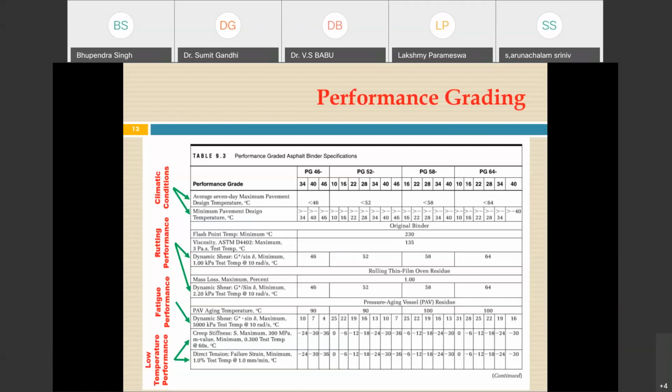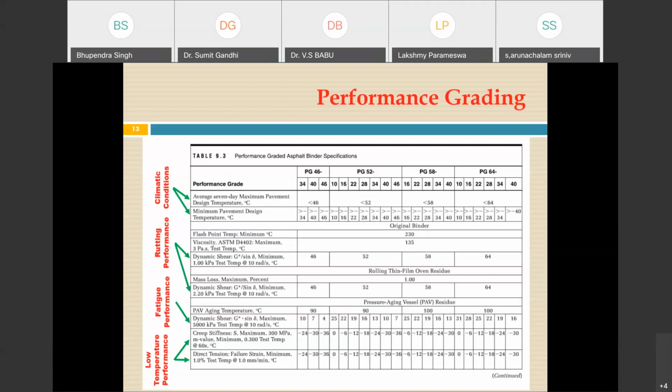From the rutting point of view, there are two parameters: one before the rolling thin film oven test, and one after the rolling thin film oven test. There is a parameter that we obtain from the dynamic shear rheometer, which is called G star upon sine delta. The minimum value of G*/sin δ is 1 kilopascal before RTFO, and after RTFO this value is 2.2 kilopascal.